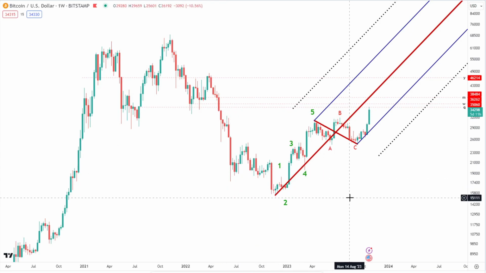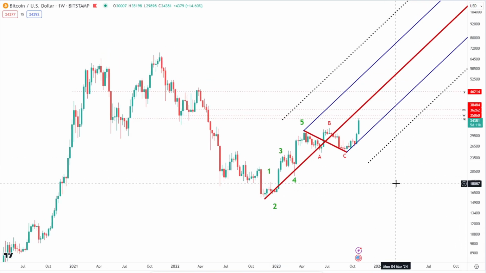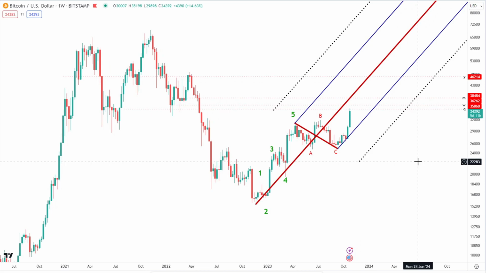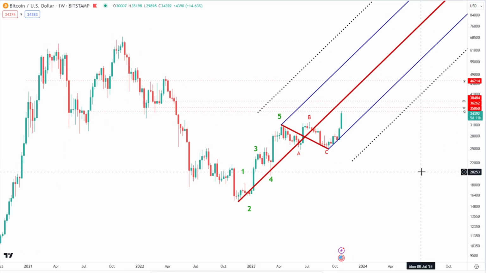Okay, so with that said, let's just talk a little bit about Bitcoin now. Before we go into the TA, obviously it's hard not to mention the kind of macro backdrop that we have. Obviously there's catalysts that could really change the play of things, especially in the stock markets right now. Obviously we've got the conflict in the Middle East, which hopefully we will find some kind of peace agreement over there.